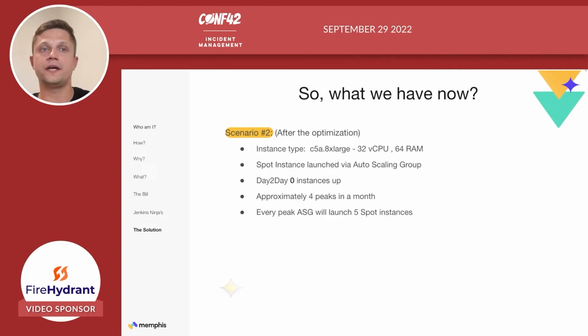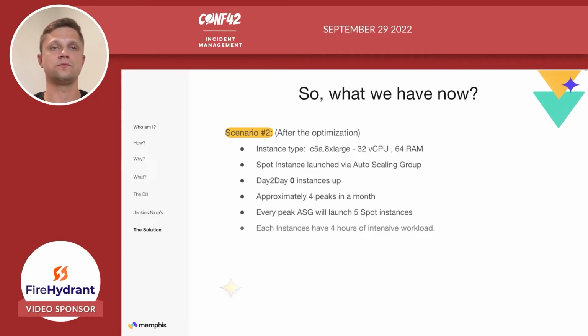For this example, I choose 5 spot instances, okay? Let's make this assumption for a second. But in my real world, I use only 2 or 3 maybe, and it's not for 4 hours, but I'm taking you to the limit here. So each instance will have 4 hours of intensive workload during the peak, okay?